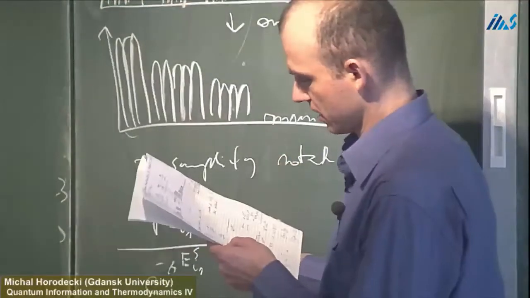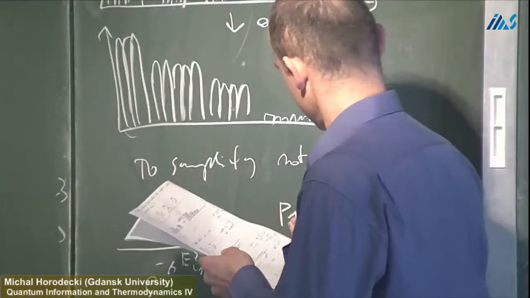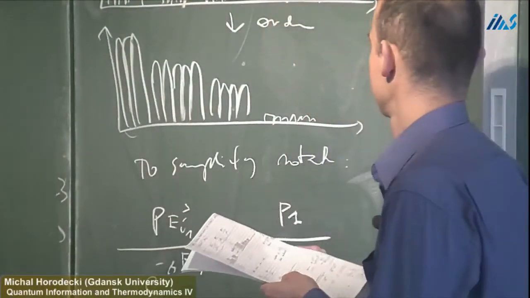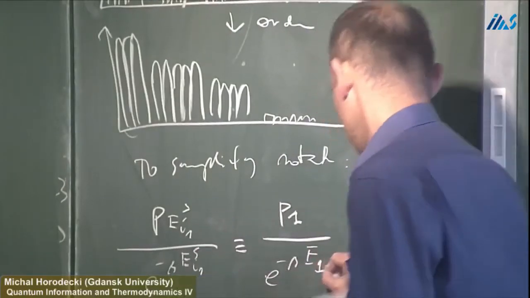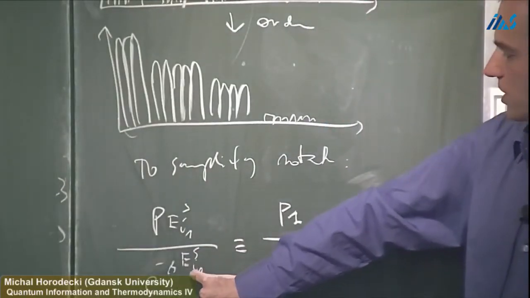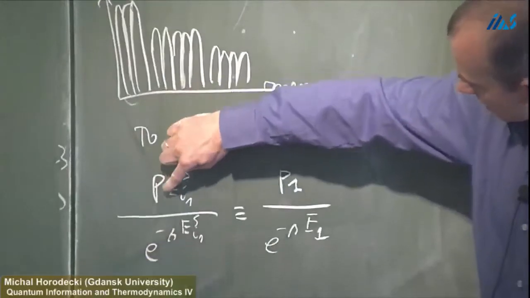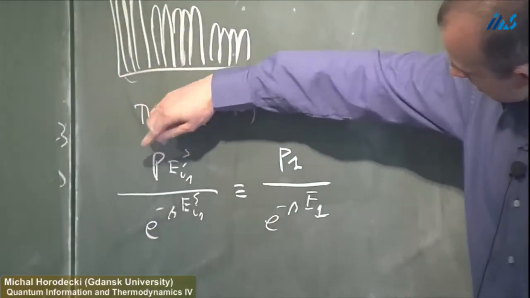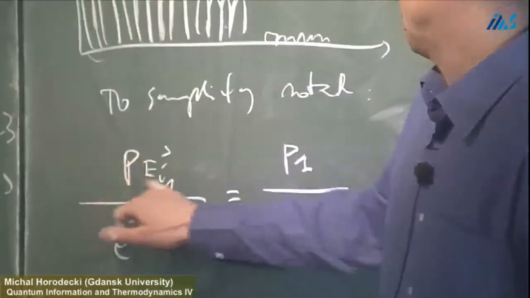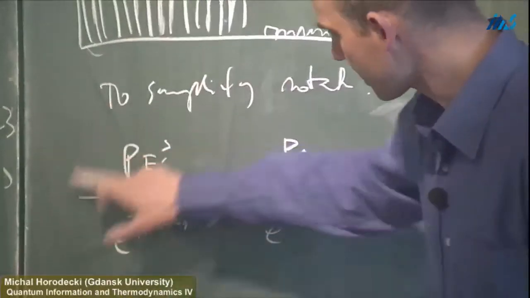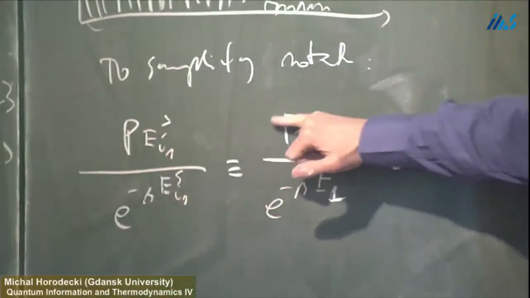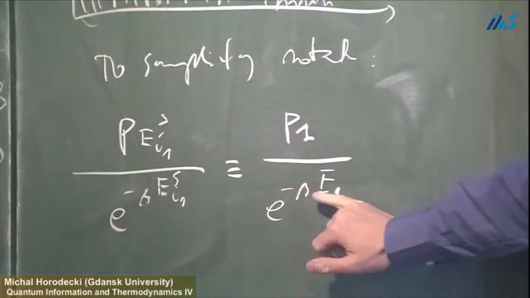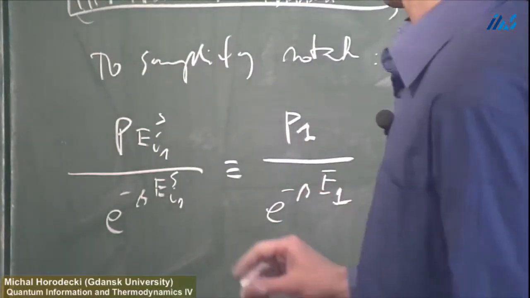I propose nevertheless to just write, for the ordered quantities, P1 times e to the minus beta E1.